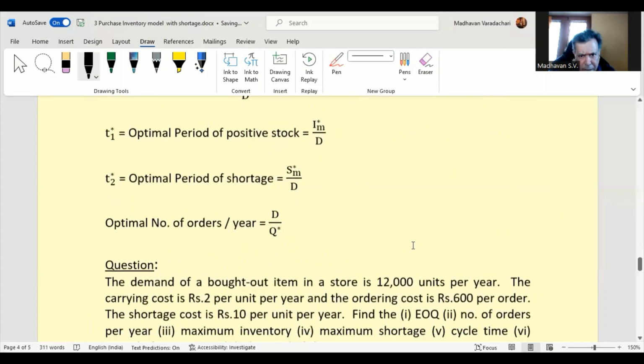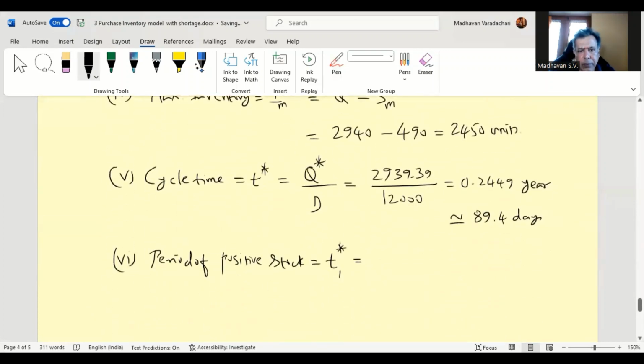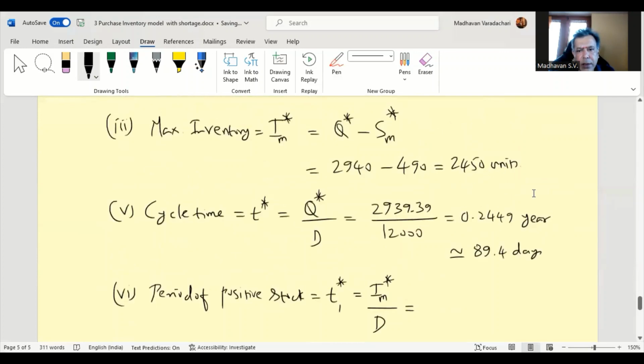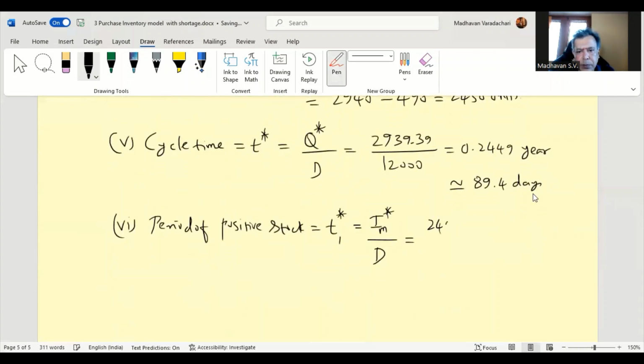Yeah, it is IM star by D. IM star we calculated as 2450 divided by D. 2450 divided by 12,000, we get 0.2042 year. Convert that into days by multiplying it with 365. We get 74.5 days.